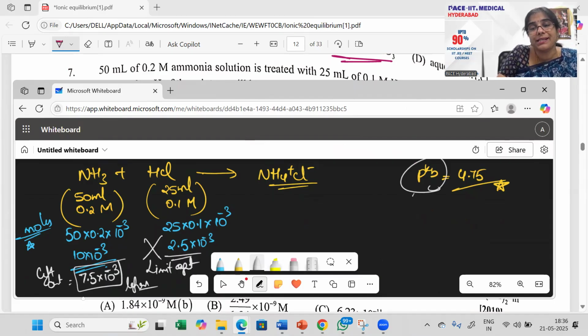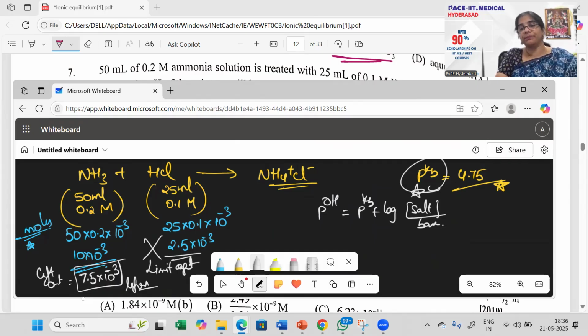And since this base is a weaker base, we need to talk about it in terms of pKb. Then we will use pOH. This is a buffer solution, so write the buffer formula. pOH is equal to pKb plus log of salt concentration by base concentration, which means pKb is 4.75 plus log of salt concentration.